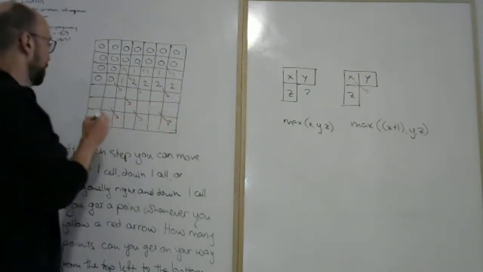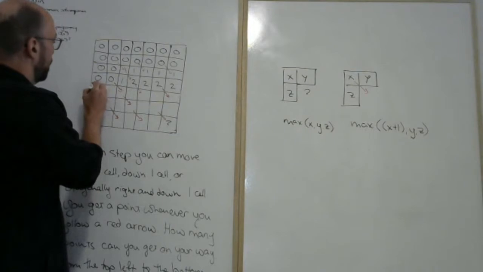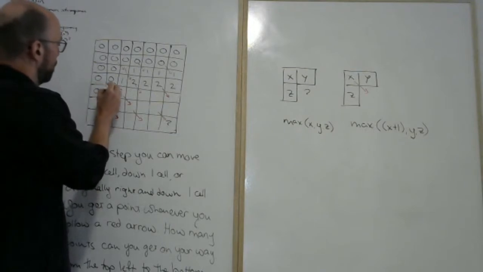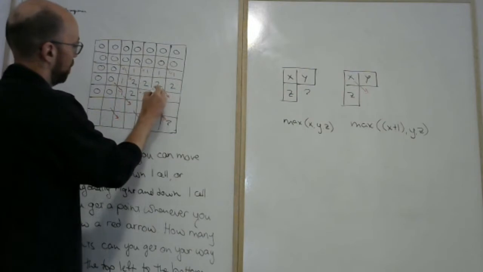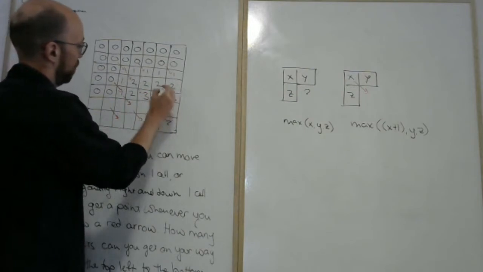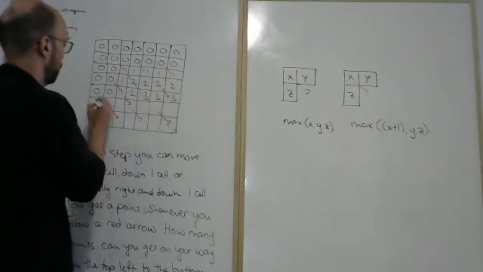And if I make a mistake, please correct me. And this is 0, 0, and this is 1, either this way or coming from this. And this is 2, and this is 3, and this is 3, and this is 3, two possibilities here.